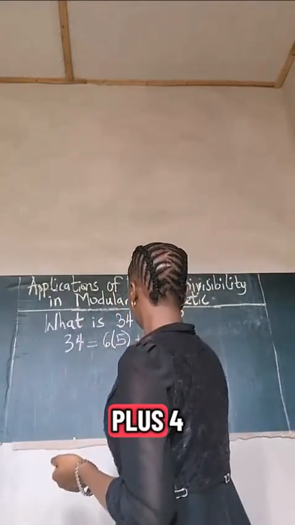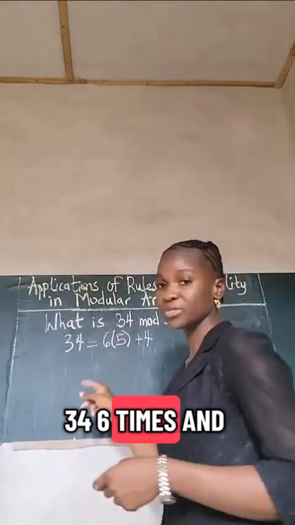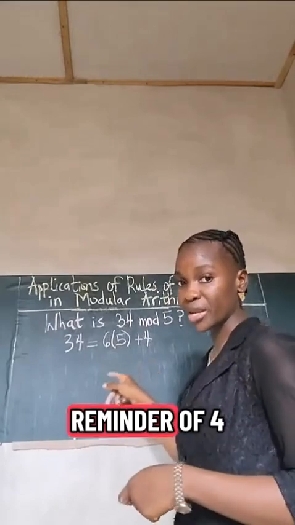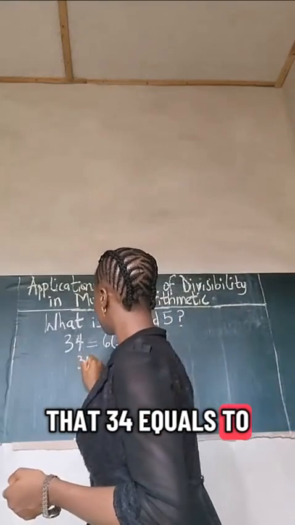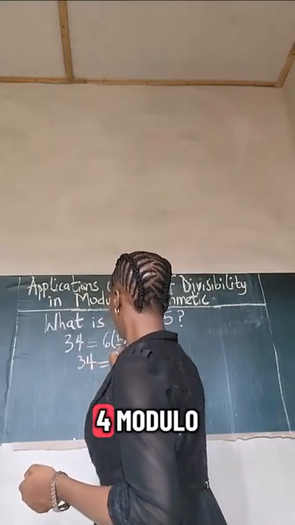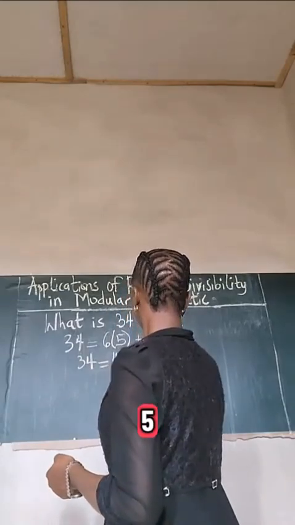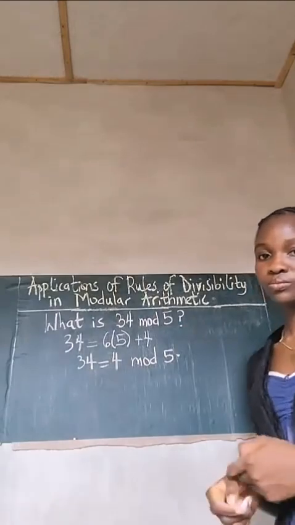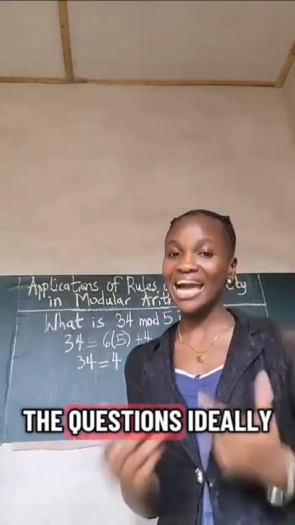That means 5 will go into 34 6 times, and we have a remainder of 4. So that means that 34 equals 4 modulo 5.